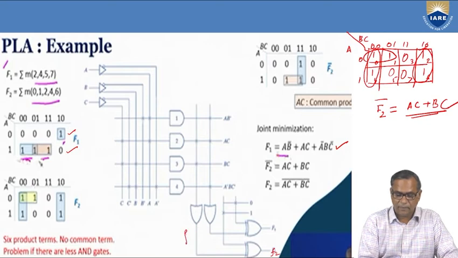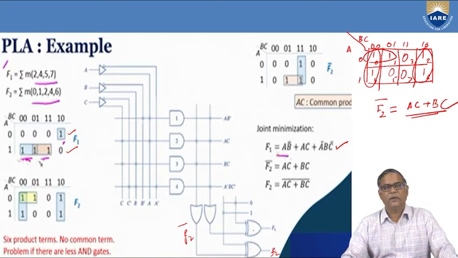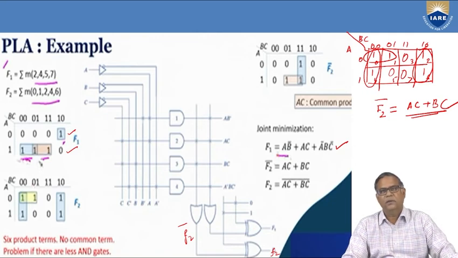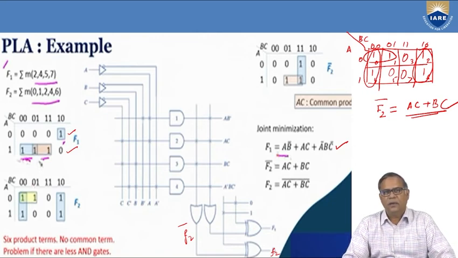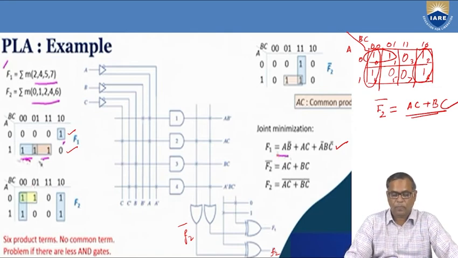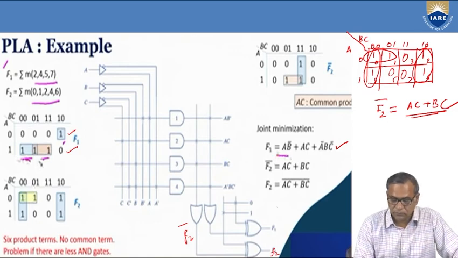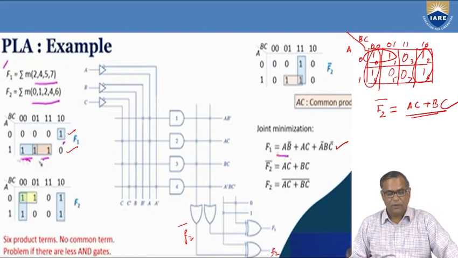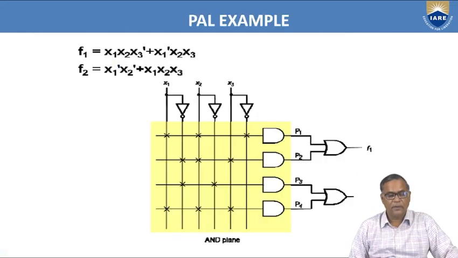So you will get F2 bar, and because one of the exclusive OR gate inputs I am going to make 1, I will get the complement of F2 bar. That means I am going to get F2. So this is how I can use the exclusive OR gate provision. So that is an example of realization of Boolean functions using PLA.